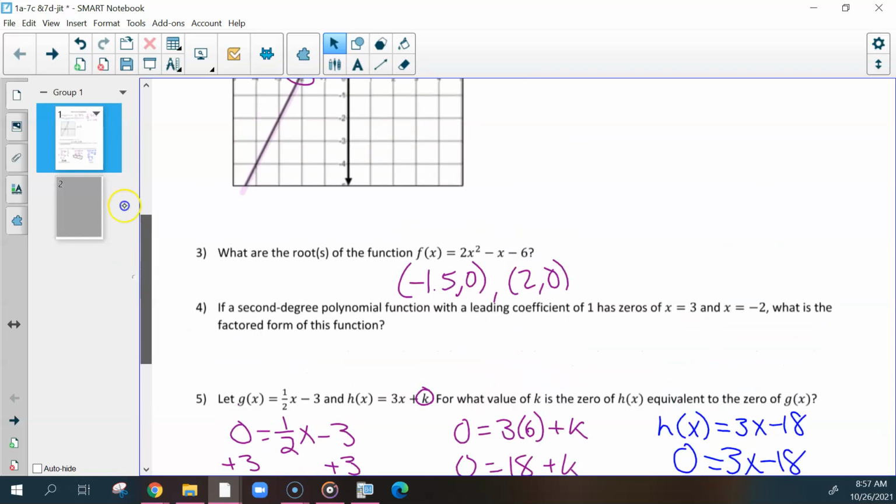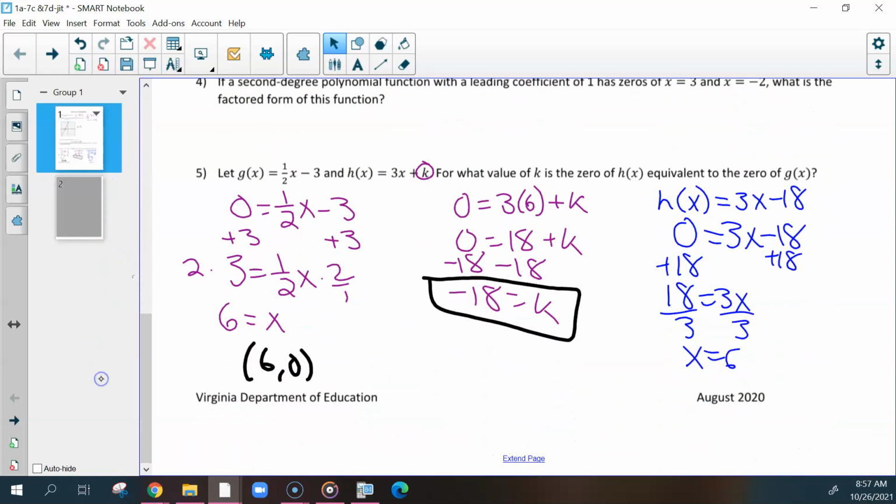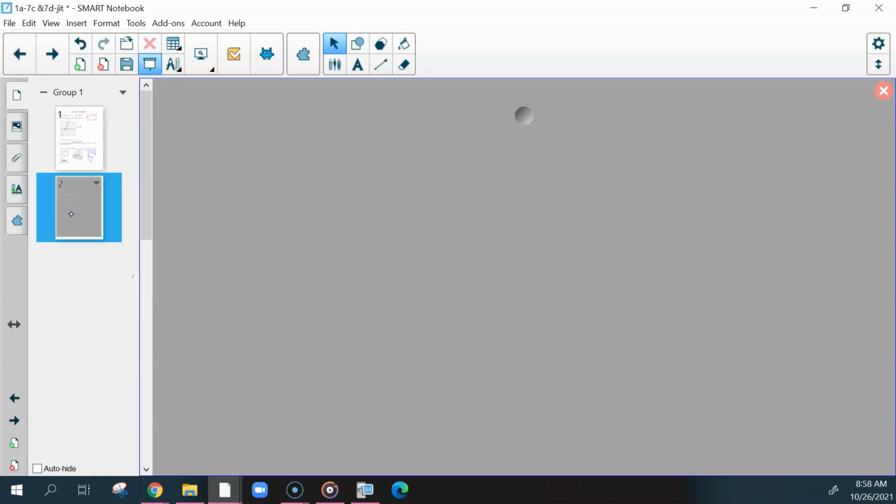I'm going to scroll up really fast and come right back. (6, 0). Right here. It was the same answer for number 1. If I need to come back, just let me know.